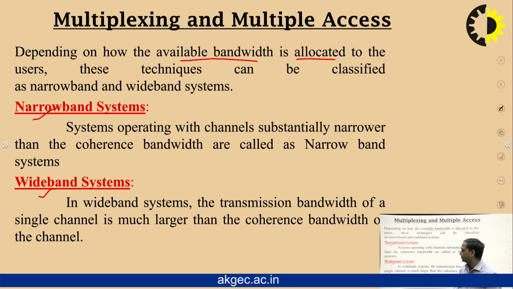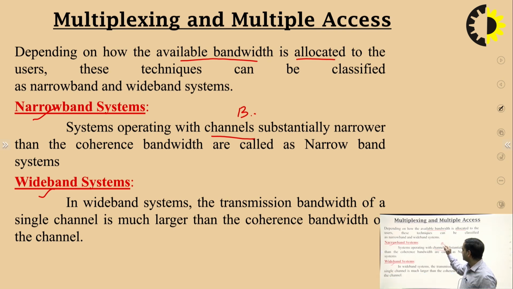Narrowband systems operate with channels that are substantially narrower than the coherence bandwidth. This is the definition of the narrowband system, in which the channel bandwidth BS must be less than the coherence bandwidth BC.